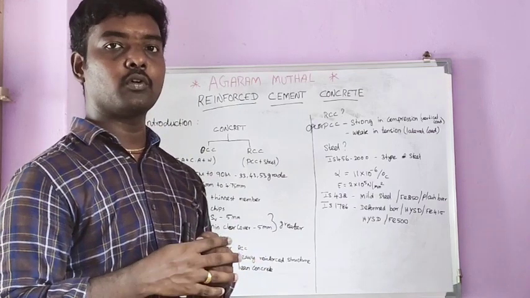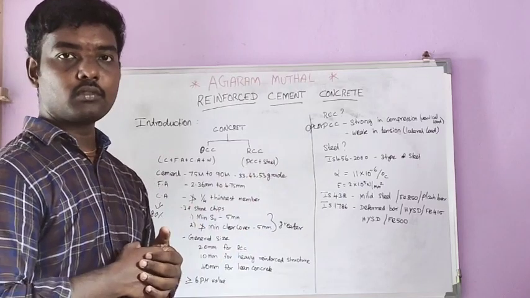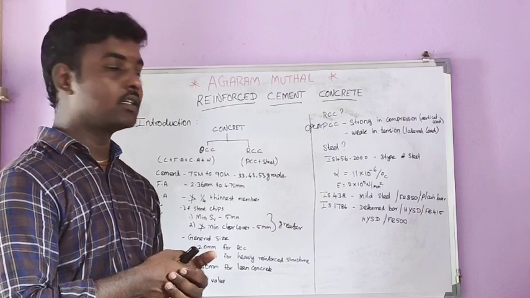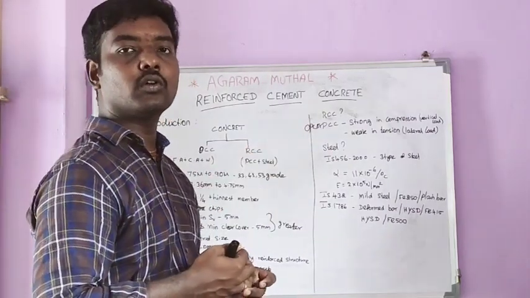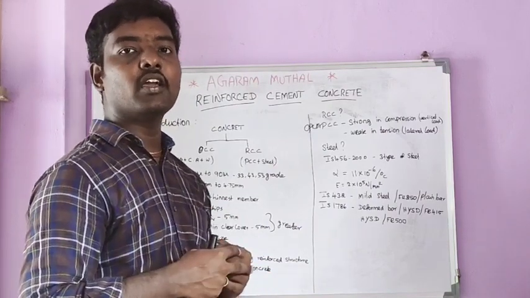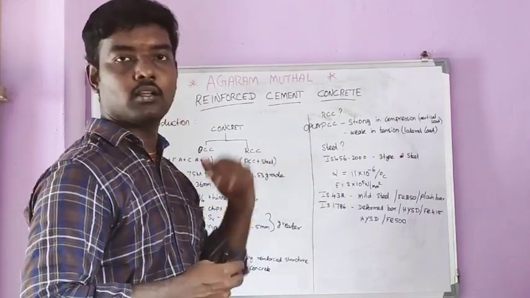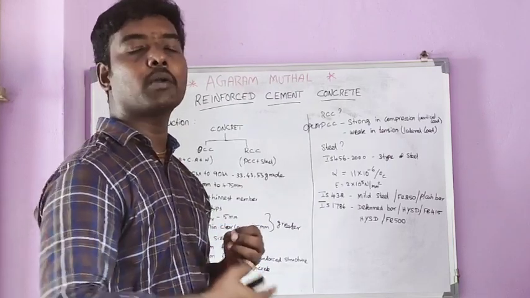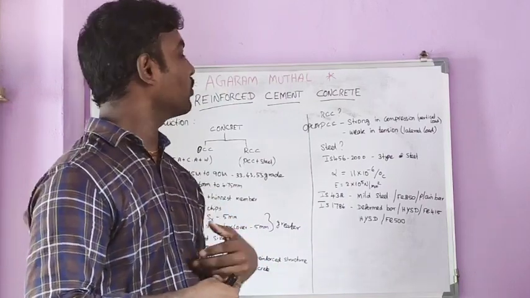So in those portions, we use one additional member to resist lateral forces, in the form of steel. This is called RCC. To resist the tension created in the structure, we use steel as a reinforcing material. So why steel, why not another material? It has physical properties similar to concrete.